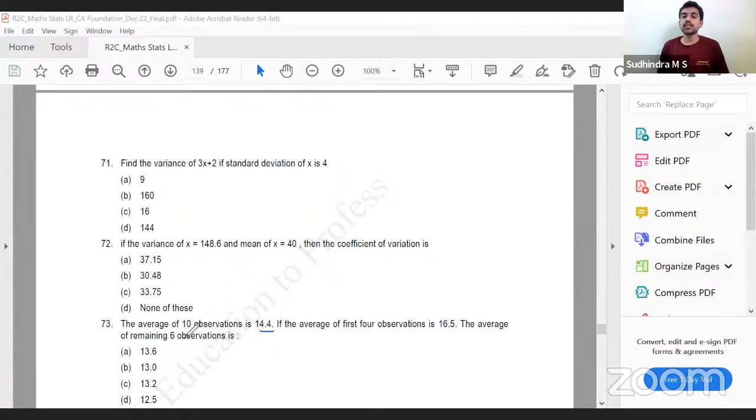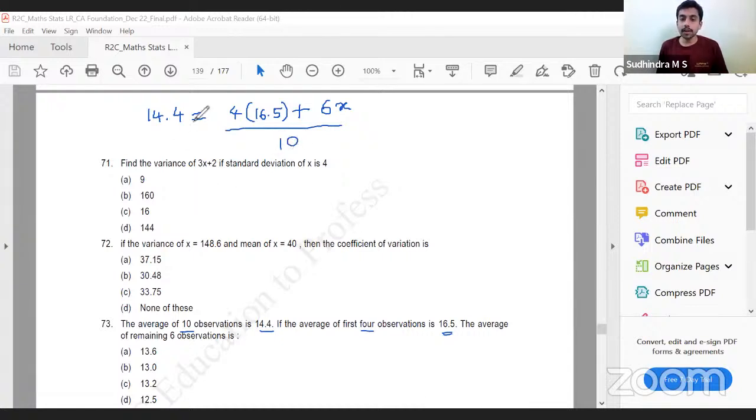So I can consider this as the combined arithmetic mean. Right? 14.4 is combined arithmetic mean. First 4 observations is 16.5. So 4 into 16.5 plus average of remaining 6 observations, we do not know. 6 into x I will consider. 4 plus 6 is 10.